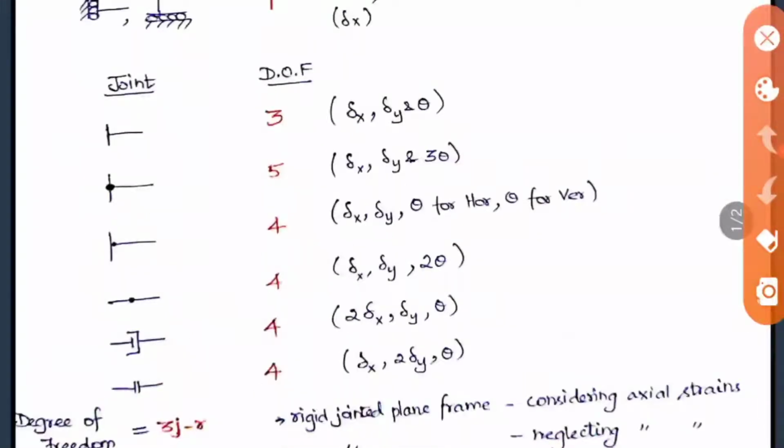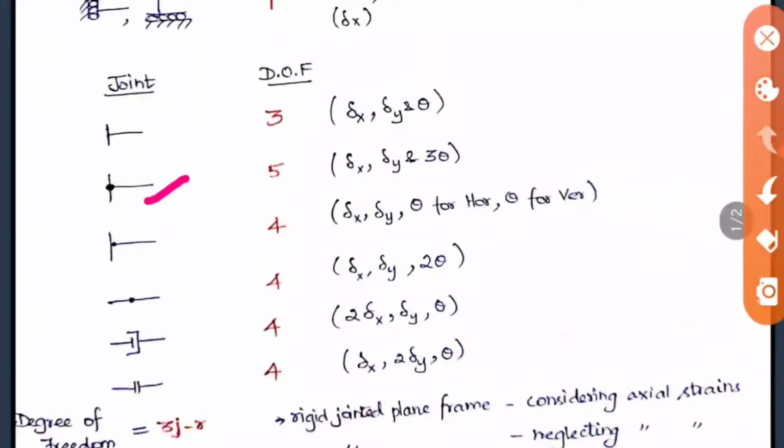And then some different types of joints are given here. If this type of joint is provided, the degree of freedom is 3. And then the pin joint like this. The joint connects three components, so in that case it should be 5: 2 directions of deformation and 3 rotations. You just see how many members can be connected like this.